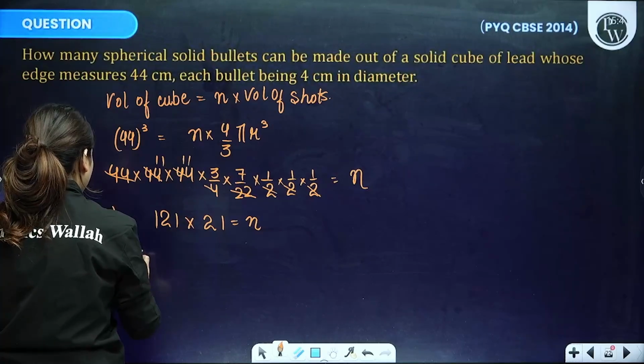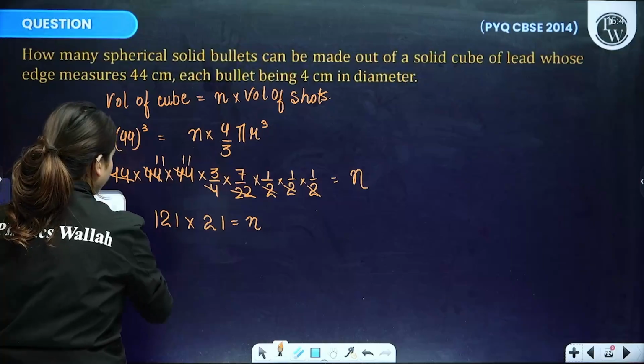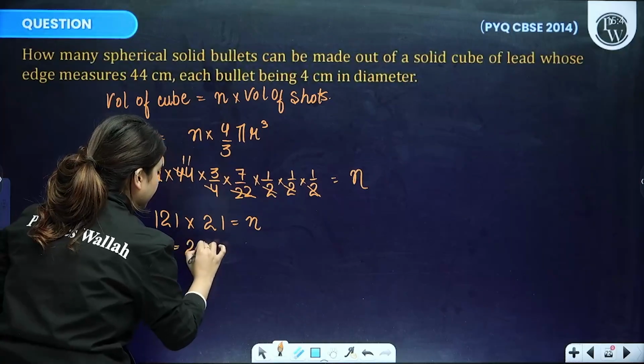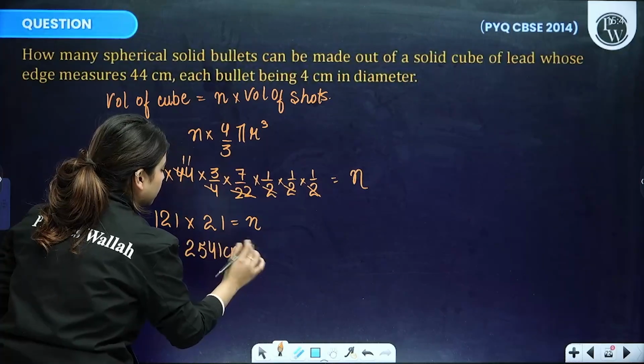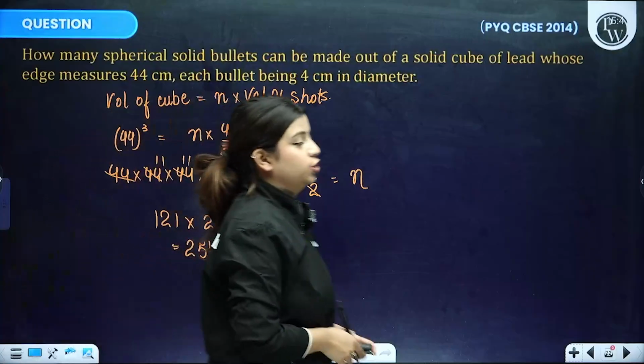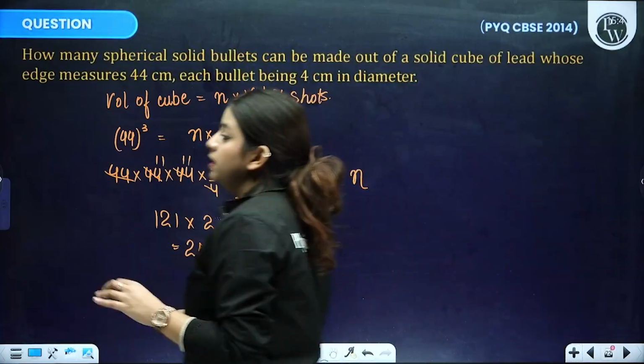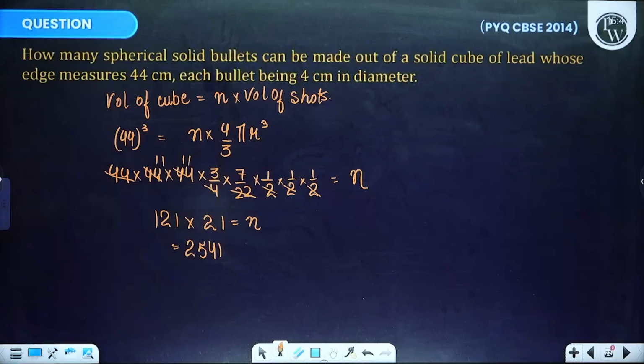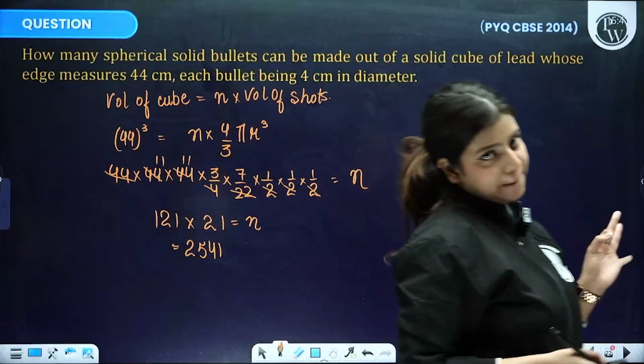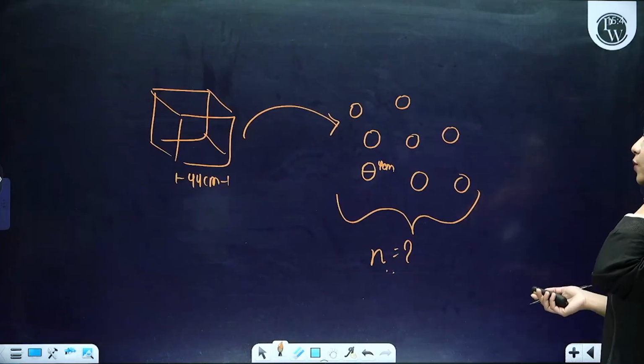So we have 2541. How many lead shots can be made? 2541 lead shots can be made out from one cube which measures 44 centimeter. Right? So 2541 bullets can be made out. Let's move to the next question.